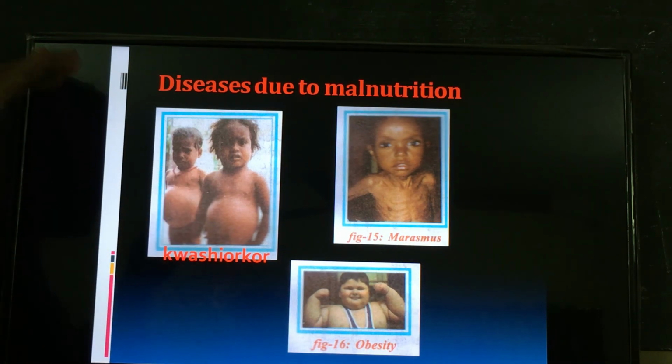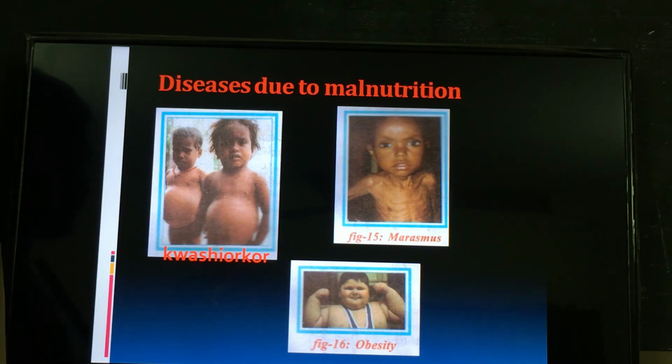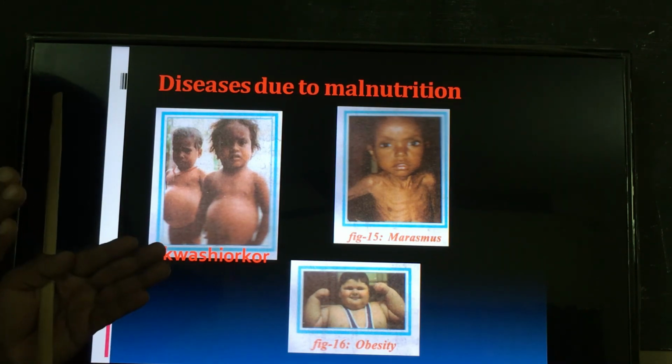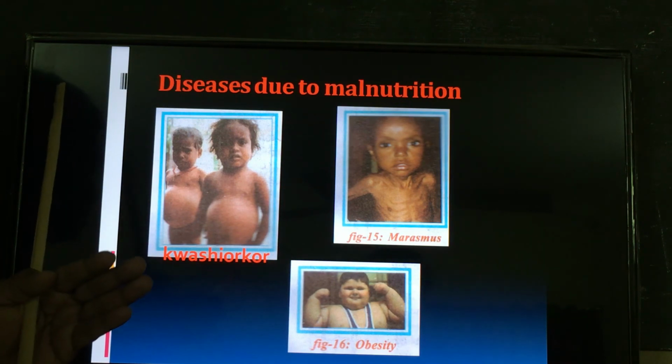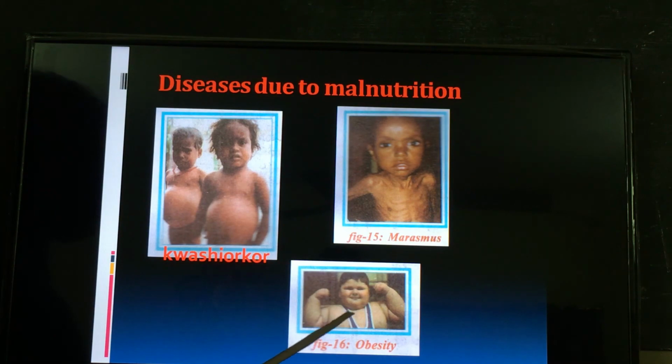So if you want to control obesity, balanced diet and regular exercise are the solution. When obesity is controlled, the size of adipocytes will be reduced. So these are the solutions for obesity.